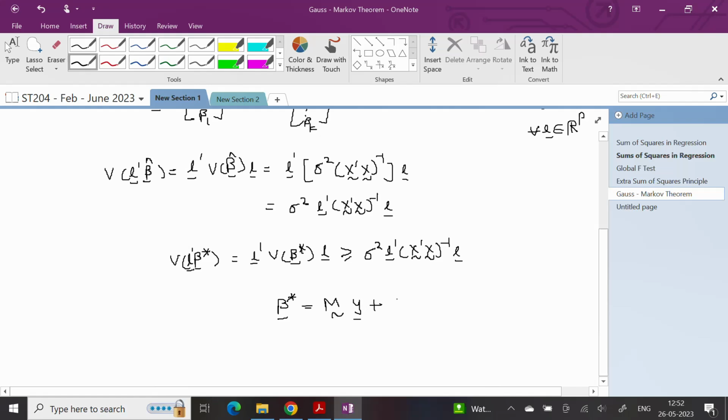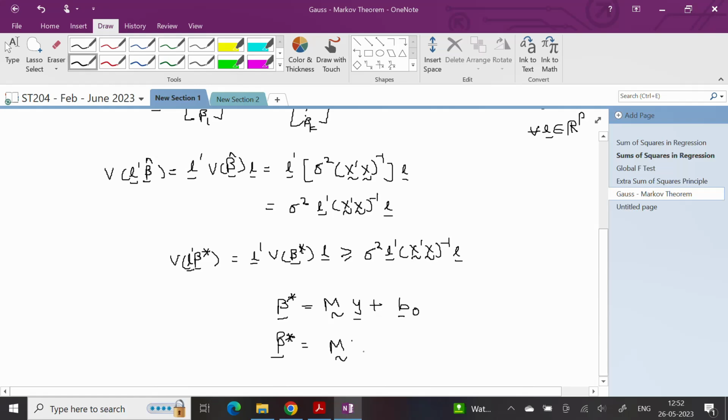Maximum what we can have is addition of some constant to this. So it could be MY plus some b naught. So what does it mean? If it is a linear combination, then I could find a relationship between this beta star and our beta hat.